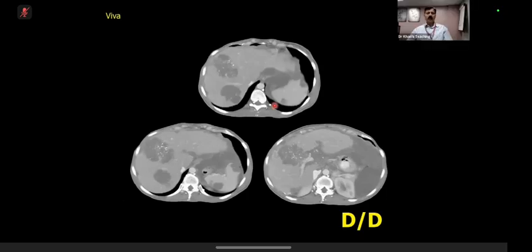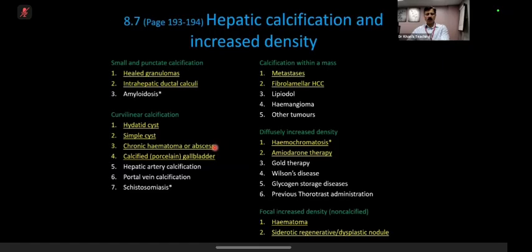Okay. So the idea here is just to cover the calcification, and there are so many things which can calcify in the liver. And in our case there was metastasis, mucinous metastasis, maybe from colon.